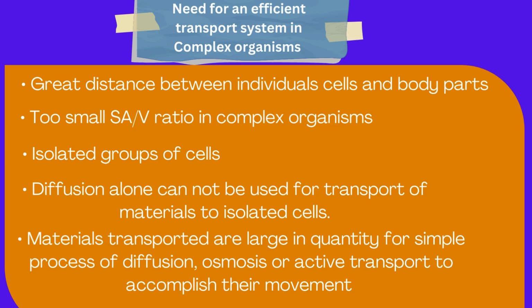Number 3, a conducting or linking system becomes necessary because they need this to connect isolated groups of cells. Number 4, diffusion alone cannot be used for transport of materials to isolated cells.